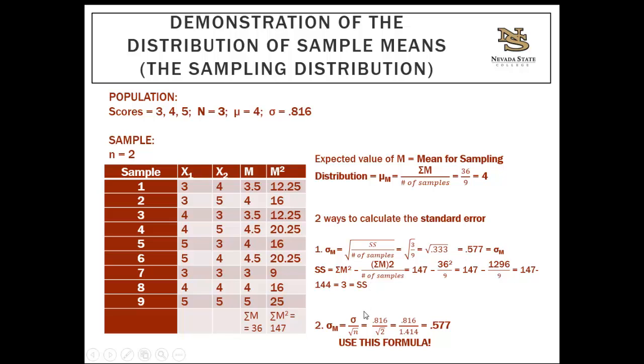Now let's take a look at how to calculate the standard error. The standard error is similar to the standard deviation. The standard deviation tells you the spread of scores. The standard error tells you the spread of means. And the calculation for it is very similar to the calculation for the standard deviation.